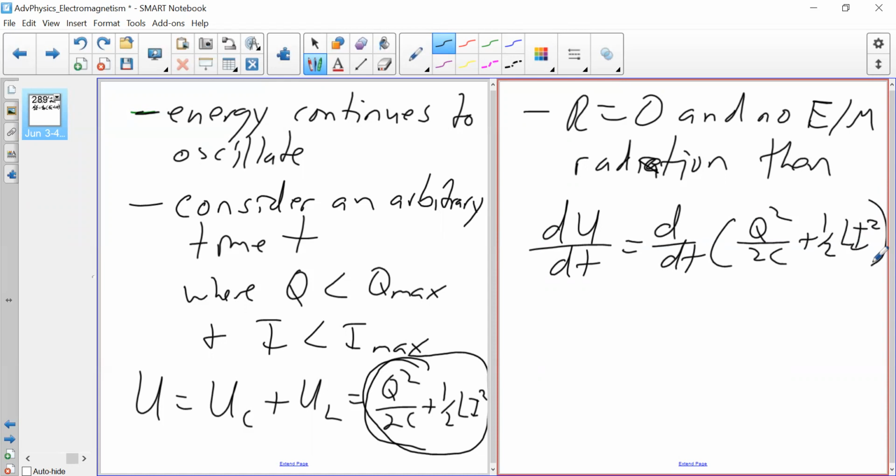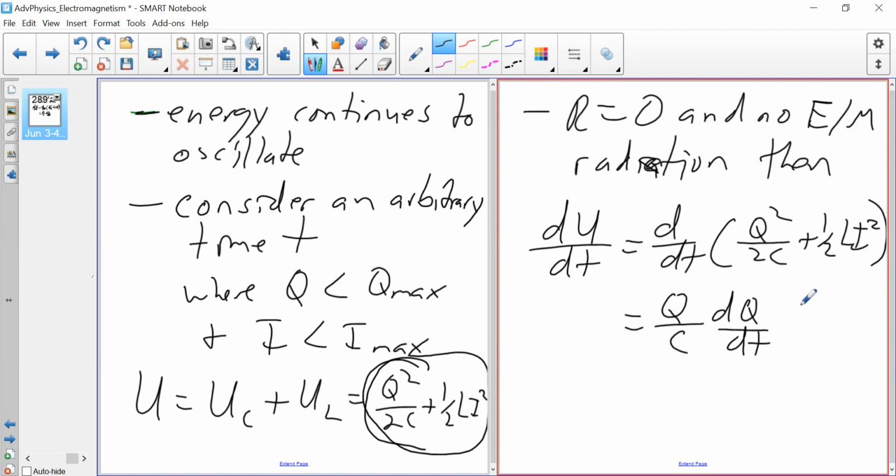And when we do that, we are going to get Q divided by C, dQ/dt. Because dQ/dt is current, and so we can take the rate of change of Q. And this will be the result.